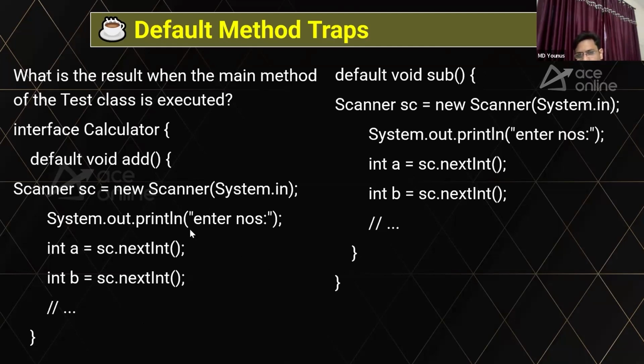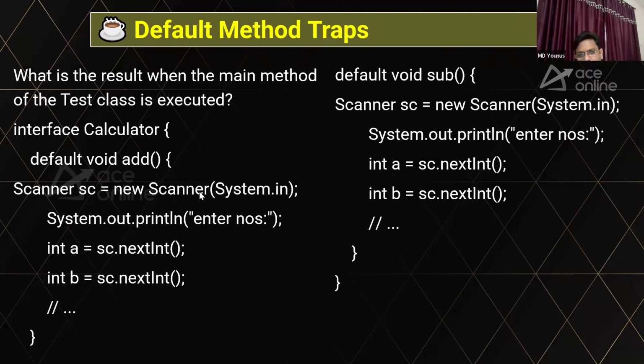Yeah, Vishnu thinks no. Vishnu, why do you think this interface will not get compiled? Do you see any problem? Okay, fine. So let's say I'm importing the Scanner as well. Now you think it will get compiled. Do you see any problem inside the interface implementation? Does anyone see any problem?